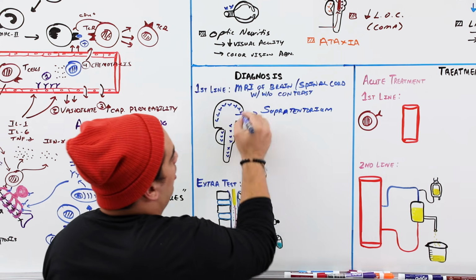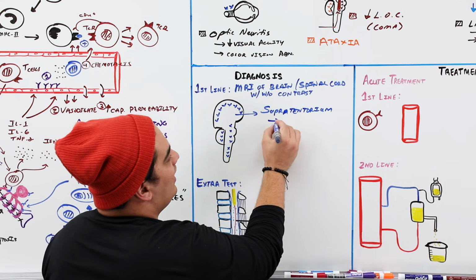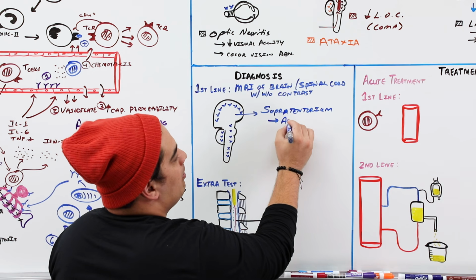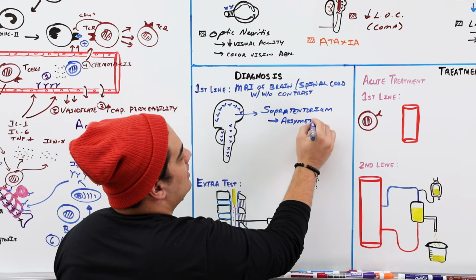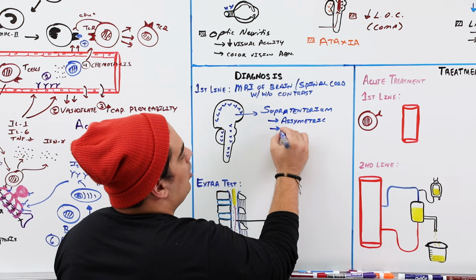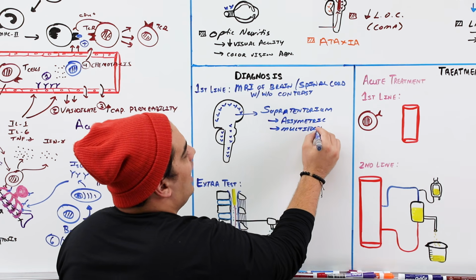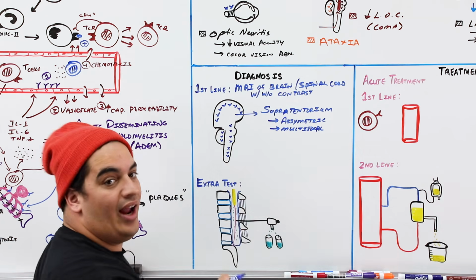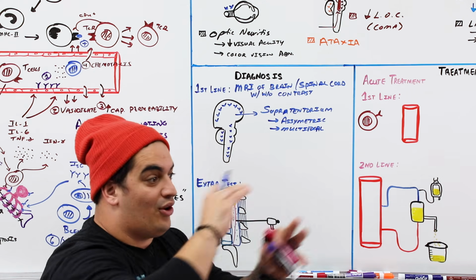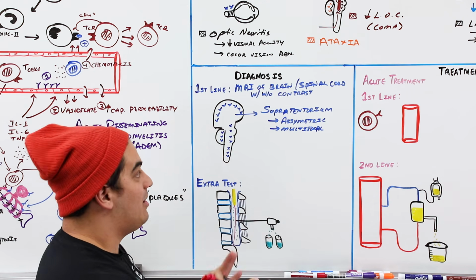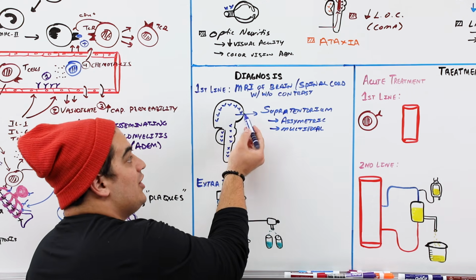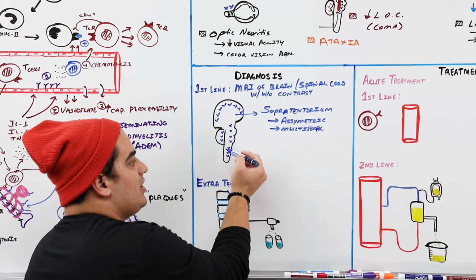So more of the upper parts of the cerebral cortex. You tend to see a lot of demyelination, but it tends to be asymmetric. And we call it multifocal. So you see lots of demyelination in the supratentorial area, but it's not symmetric and they're all over the place. That's a big thing. You still see them in some of the same locations: cerebral cortex, brainstem, cerebellum, and spinal cord.